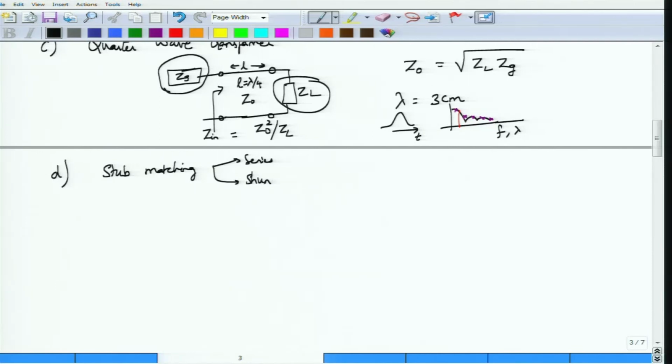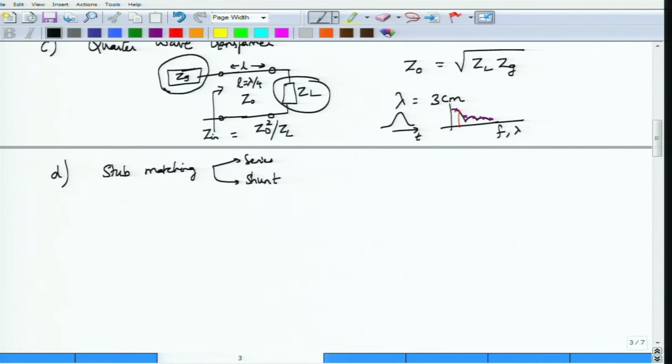Or you can use shunt stub matching, in which the stubs, which are the small open circuited or short circuited transmission lines, are called stubs, and these stubs could be connected across in parallel or in shunt, or they could be connected in series with the transmission line and the load impedance, in order to minimize reflections.